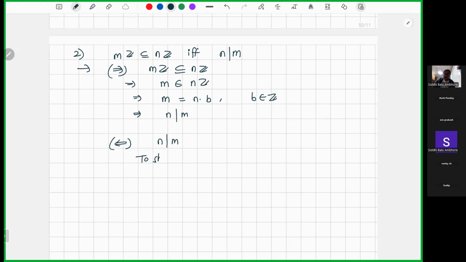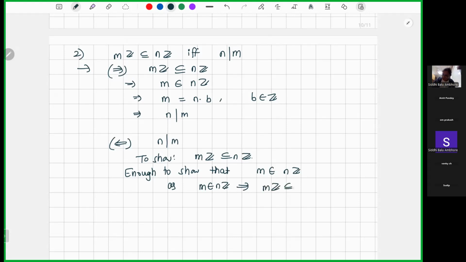So what they have given is that N divides M, and to show that MZ is contained in NZ. Again, as I said earlier, it is enough to show that M belongs to NZ, as M belongs to NZ implies that the entire MZ belongs to NZ, because this is a subgroup of Z and it is a subgroup of Z, it means it is a group itself.